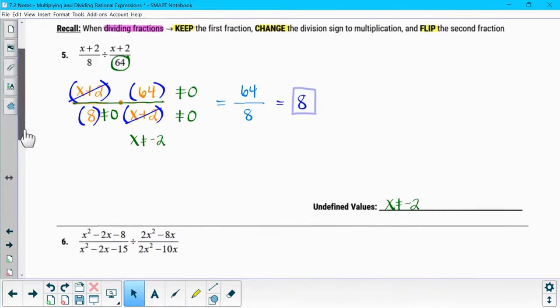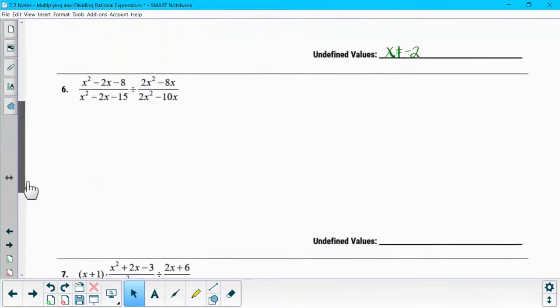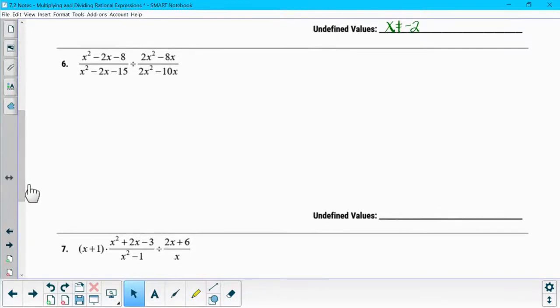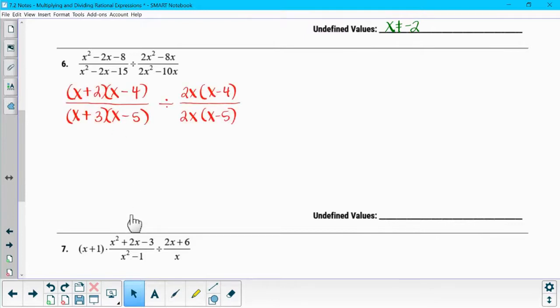Let's go ahead and look at number 6. Now, how you choose to do division, whether you choose to factor first or keep, change, flip first, is completely up to you. I went ahead and factored my problem in the beginning. Most people will do this as a combined step, but I want to take it slow in our second example.